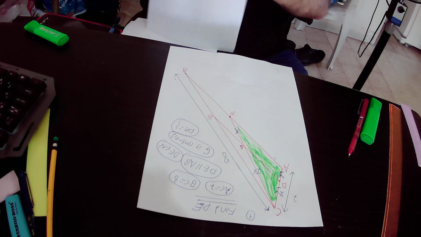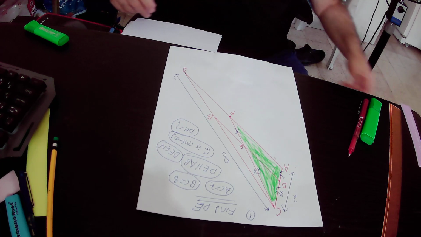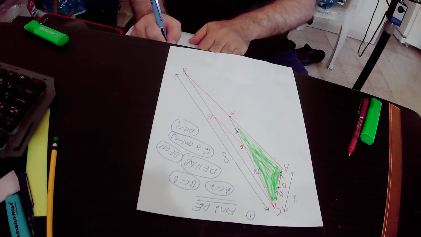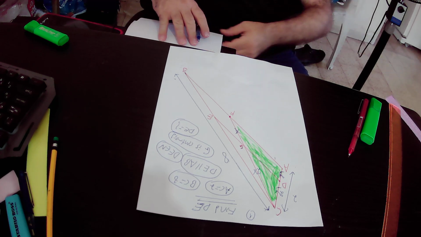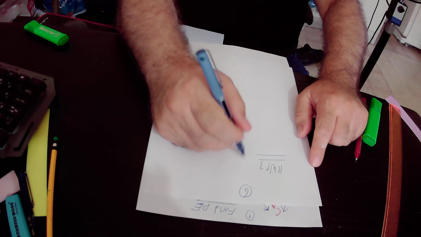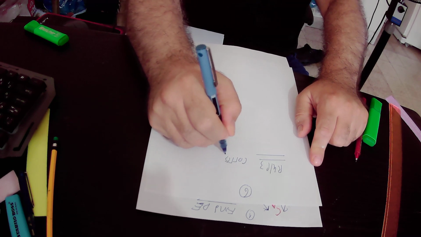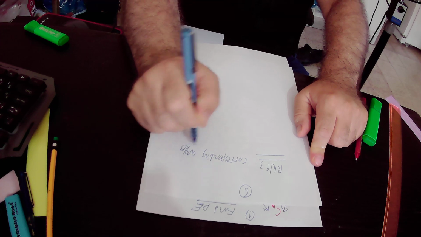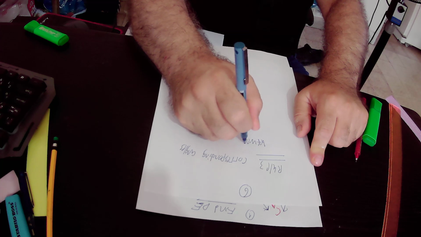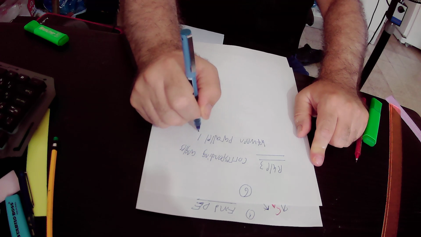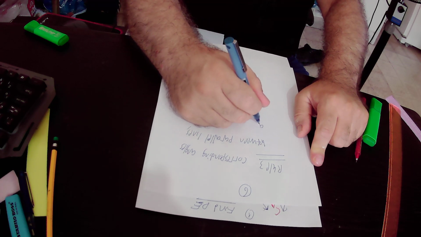So we actually have another rule. I will call it rule number 3. According to rule number 3, corresponding angles between parallel lines are equal to each other.